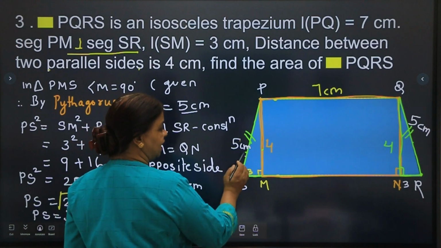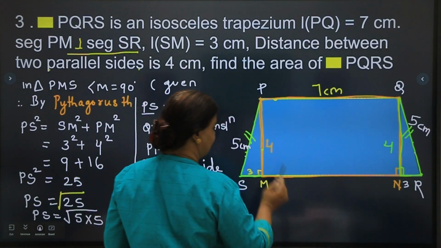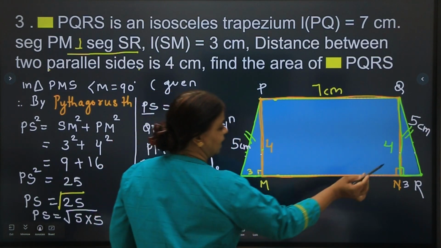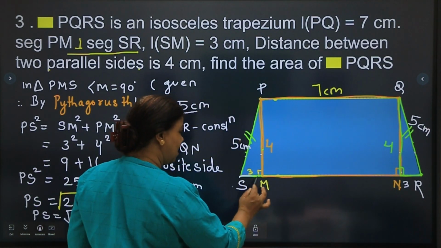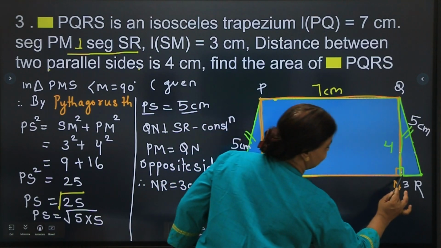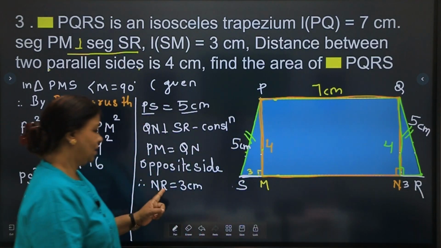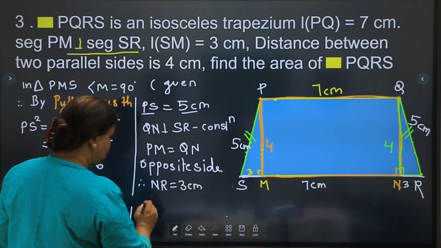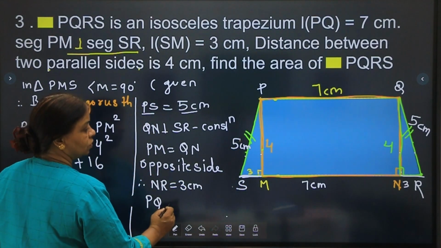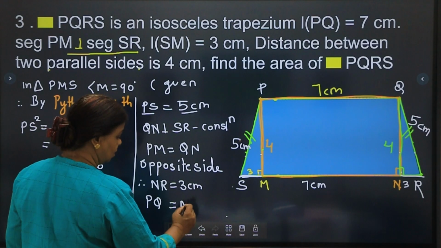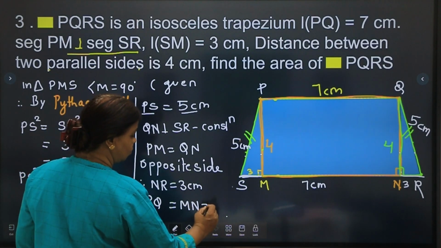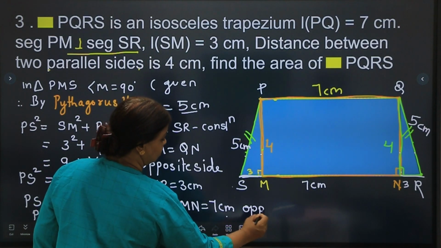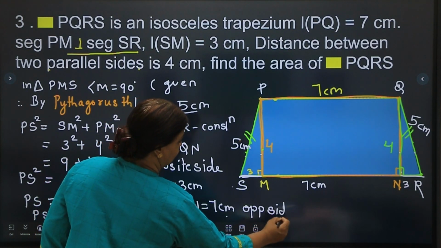If this is 90, this is 90, and this is 3, this also will be 3. Clear? Okay. So PQ is equal to MN is equal to 7 centimeter, opposite sides of parallelogram.